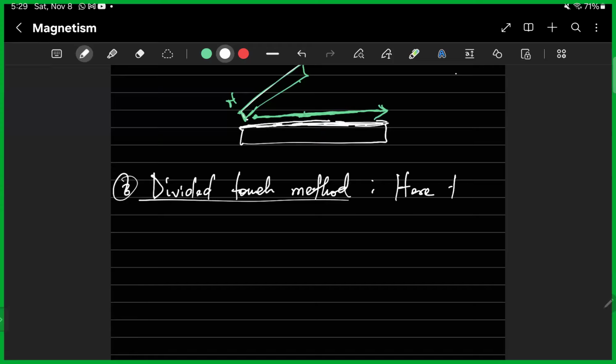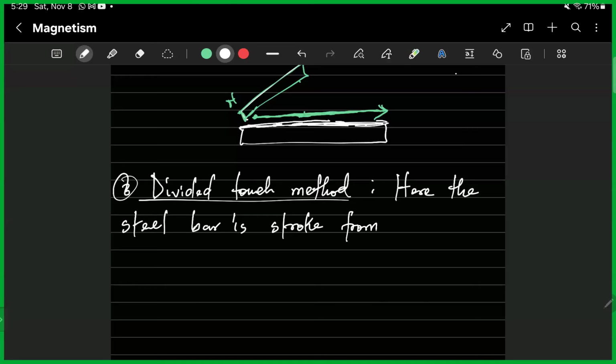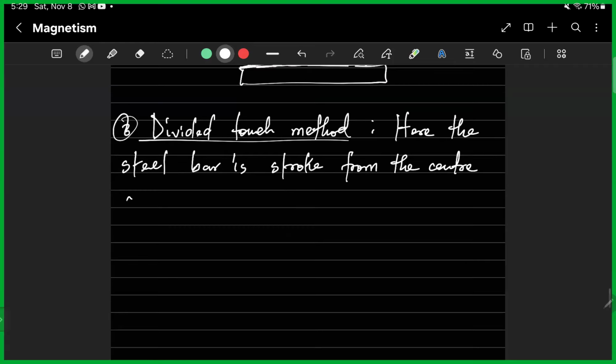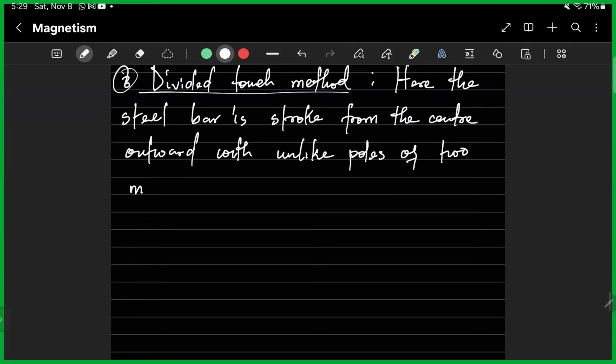Here, the steel bar is stroked from the center outward with unlike poles of two magnets simultaneously.